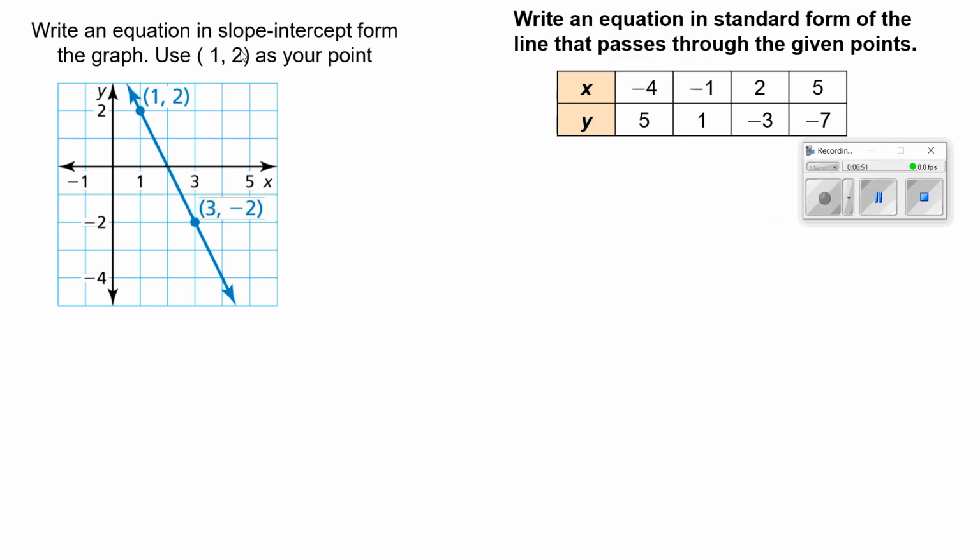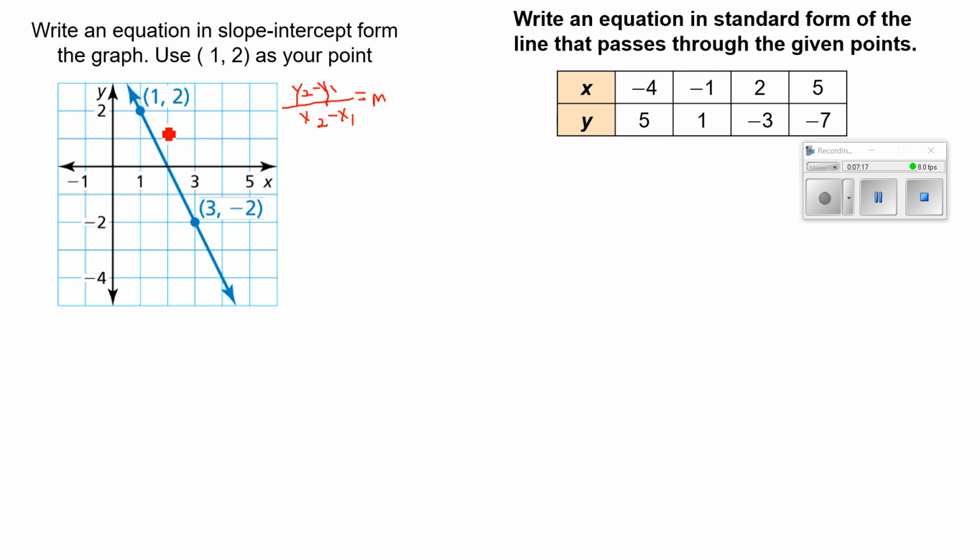Over here it says write an equation, slope-intercept form of the graph using 1 and 2 as your point. So first they're going to make you use this in their slope formula, right? They're going to make you plug that into y2 minus y1 over x2 minus x1, right? And that will give you the slope.